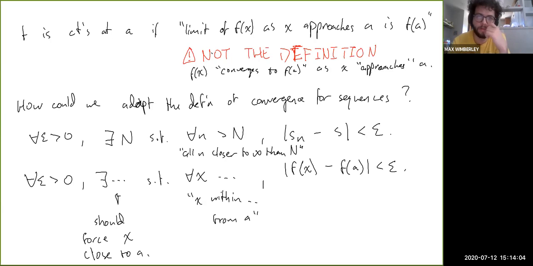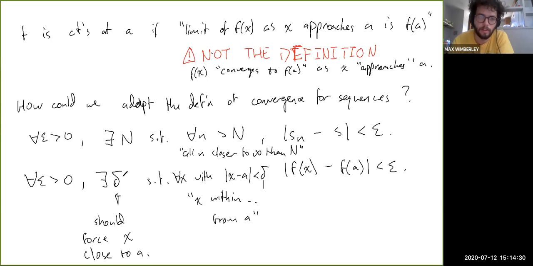This just has to be a variable, so it doesn't matter what we call it, but typically we call this delta, a lowercase delta. And now this is for all x with the absolute value of x minus a less than delta.